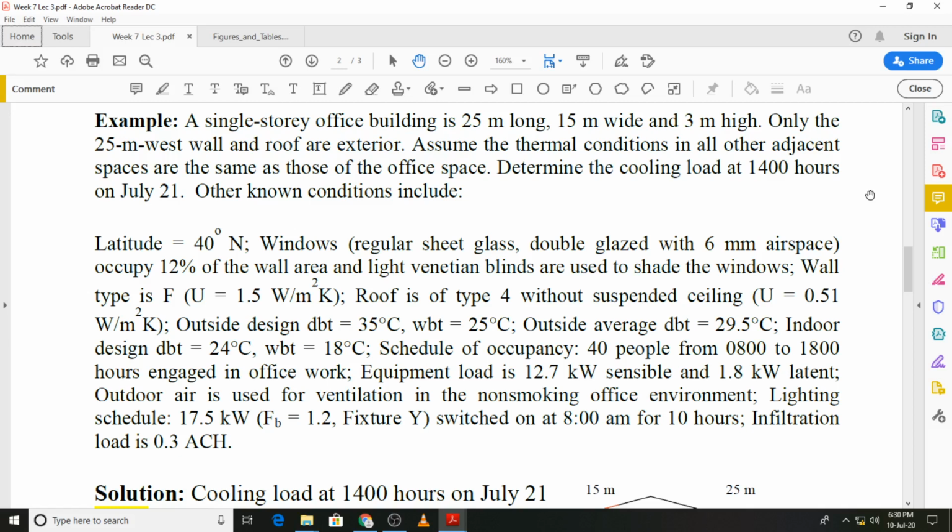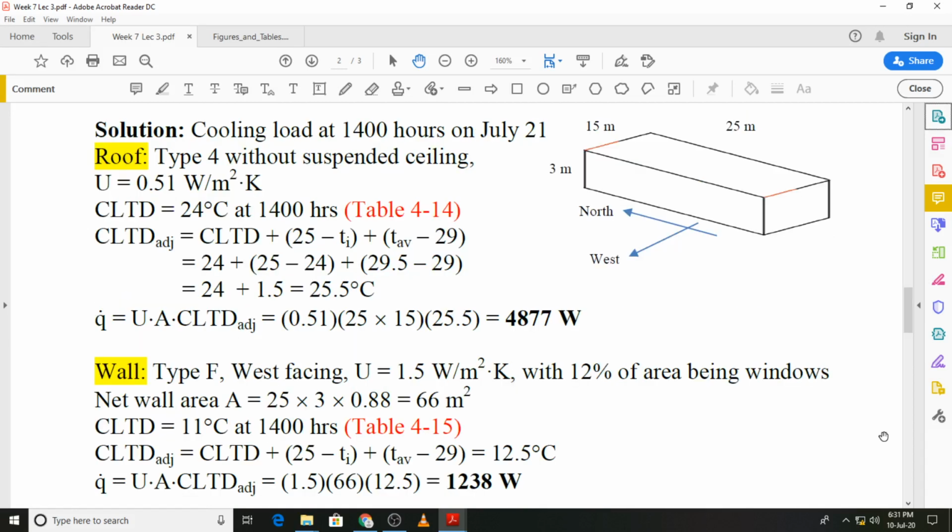Okay, so we will start with the external loads and then proceed forward, and as we proceed you will see how we make use of the tables to find out various factors and values. We will start with the roof, which is an exterior surface, and we are told that it is of type 4 without suspended ceiling.